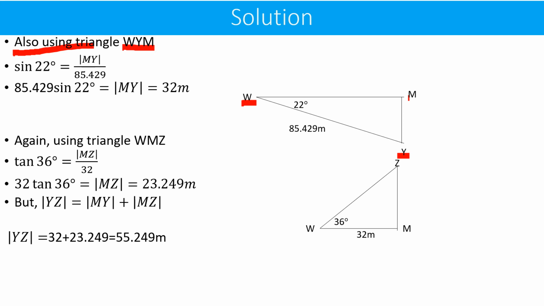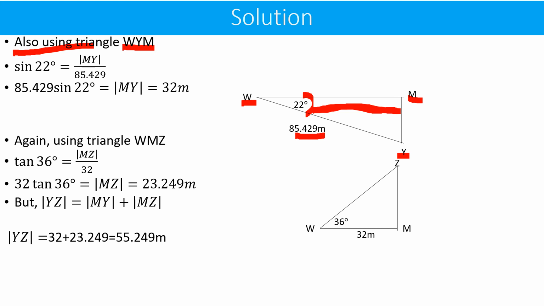Also, we know that using triangle WYM, the angle here too is 22 degrees, facing YM, which is opposite. WY is 85.429, the one that we have calculated. So we use sine, opposite over hypotenuse, because we are finding YM.